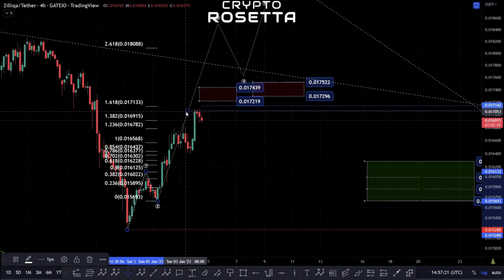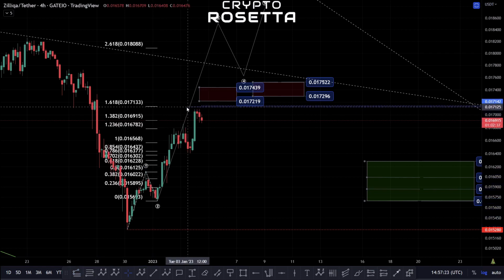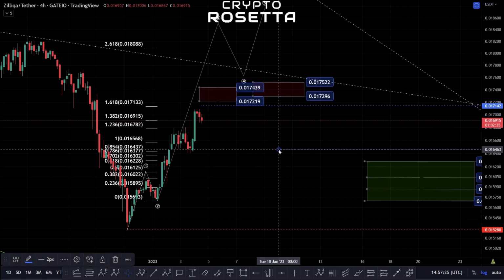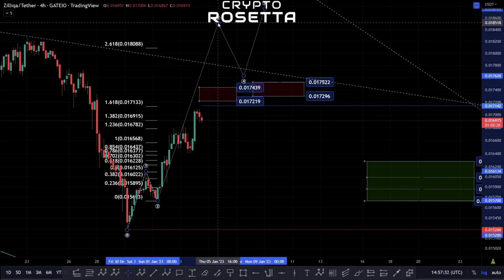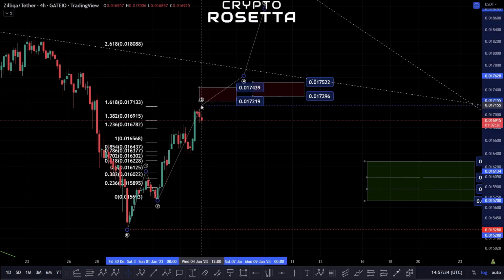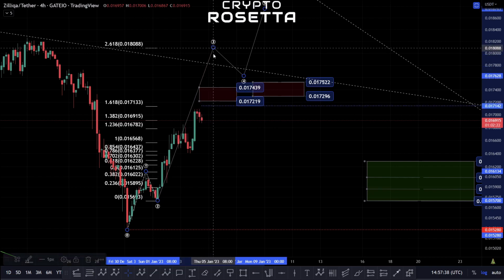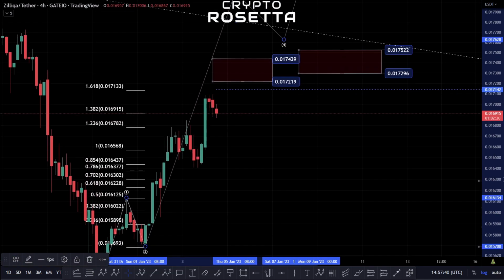So the impulsive trigger of this move is up here at this 17142 area, and that would be a typical third wave move. We haven't quite reached it, so it is possible that it still applies, but until we reach it, we don't have a lot of confidence within this move.